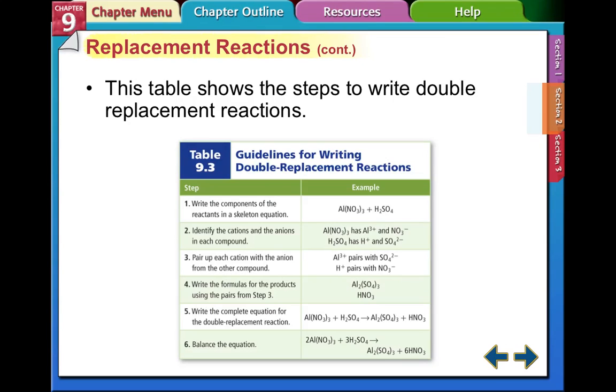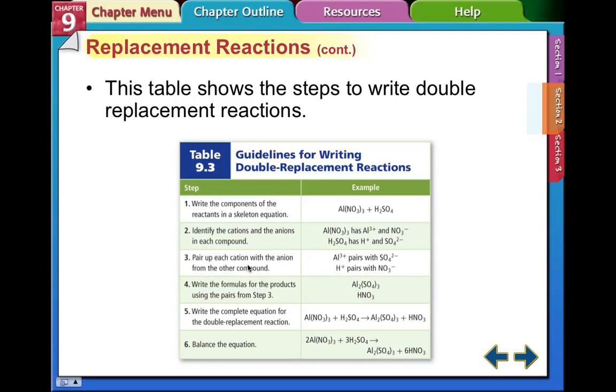This table shows the steps to write double replacement reactions or double displacement reactions. Number one, write the components of the reactants in a skeletal equation. Remember, before it's balanced. Identify the cations, the positive ones, and the anions in each compound.